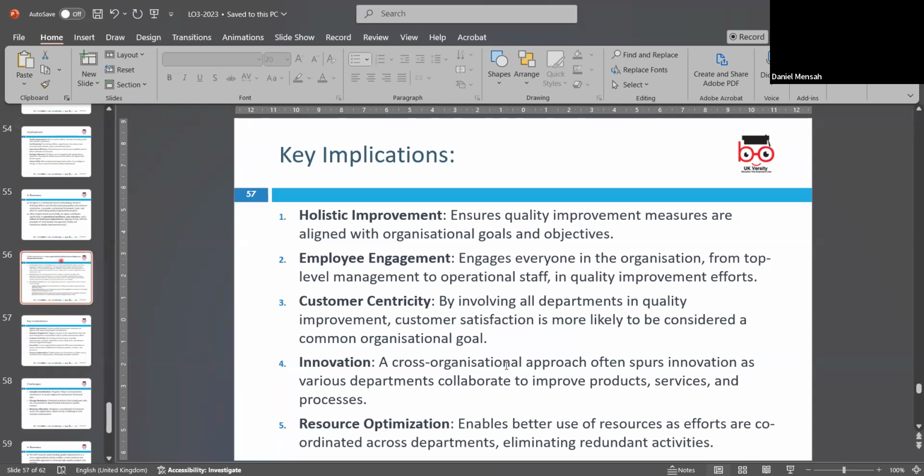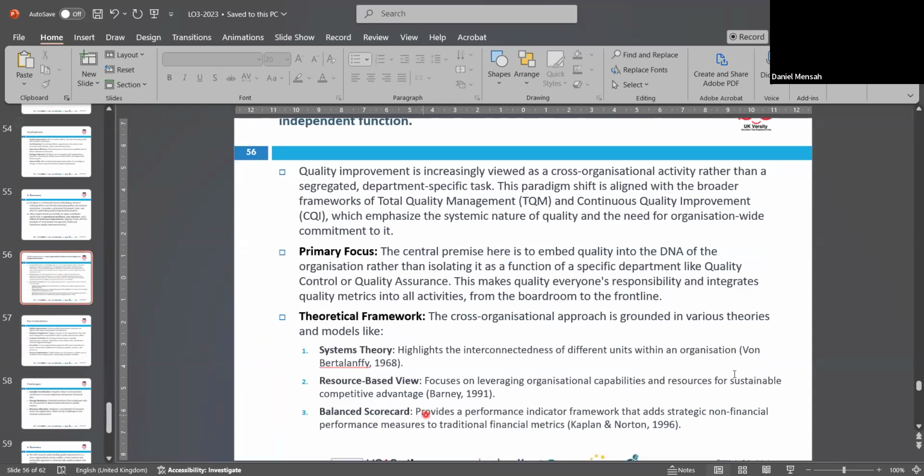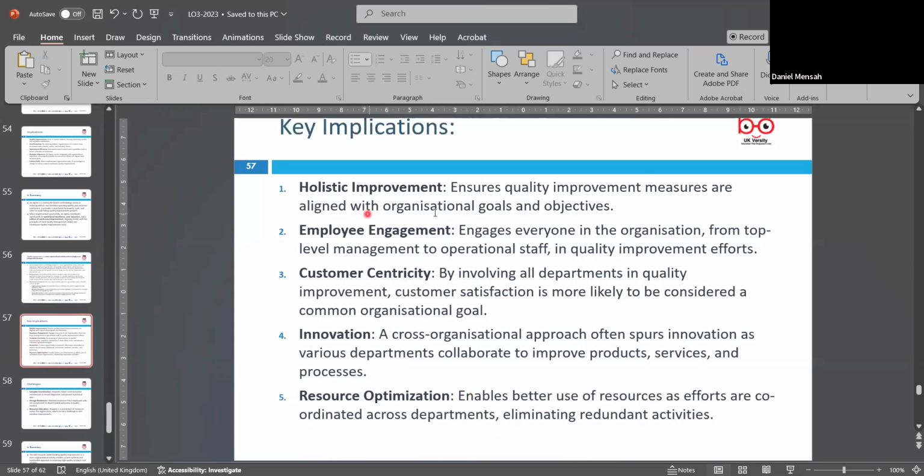By utilizing the balanced scorecard, you set quality metrics from different areas of the organization: from the customer perspective, the process perspective, and the learning perspective. You are bringing quality from all perspectives. It gives a holistic improvement, and you can set quality targets from all sides of the organization.